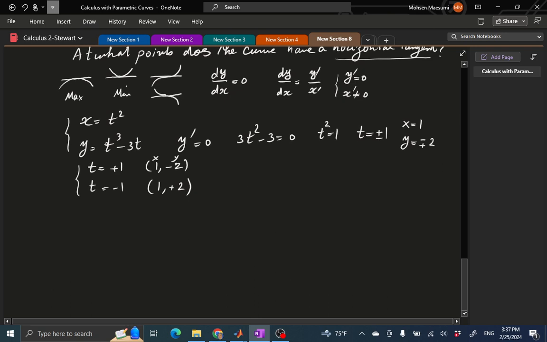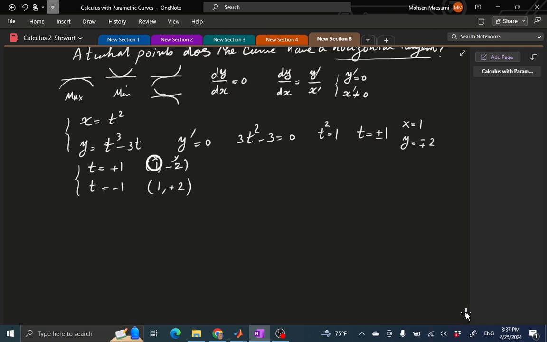One big thing it signifies is that y is not a function of x, because look, same x, different y's. So at x equal to 1, either you go 2 up or 2 down. Here we have a horizontal tangent line. Here you have another horizontal tangent line.